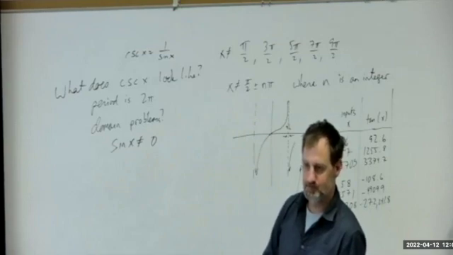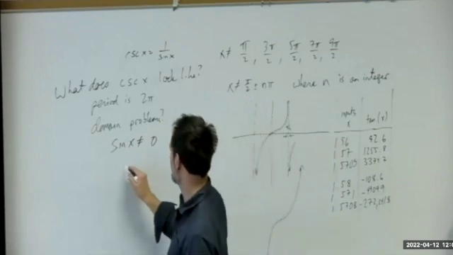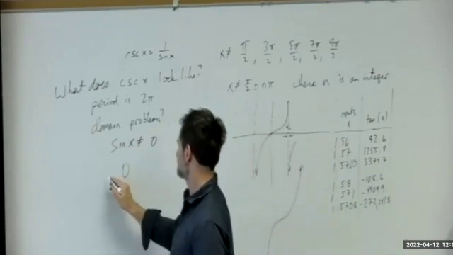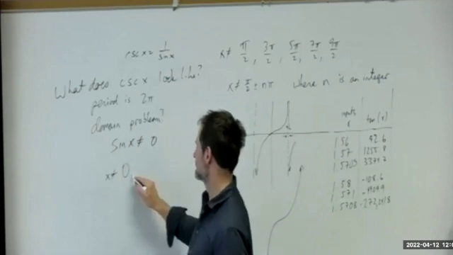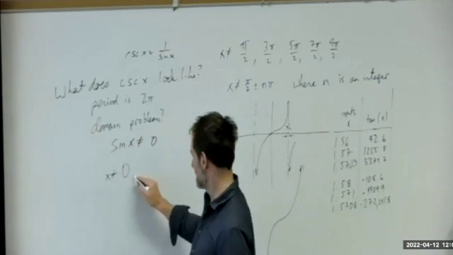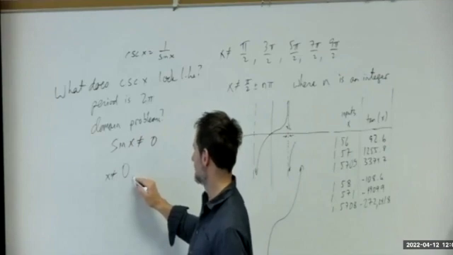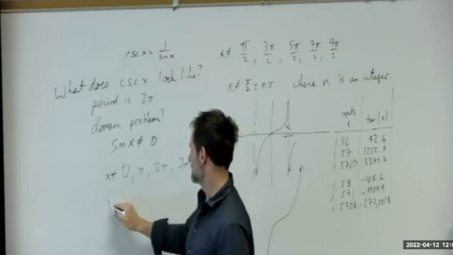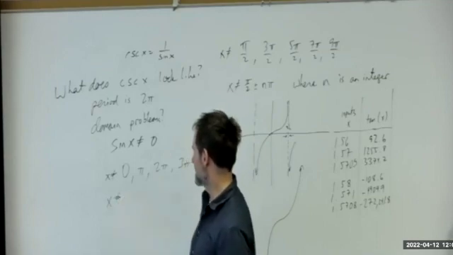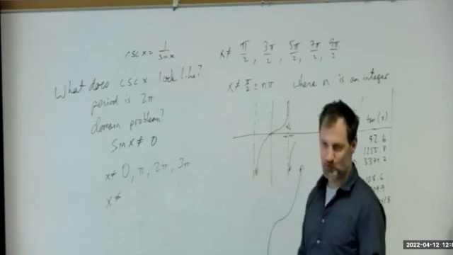You start at 0. X had better not be equal to 0, or 2 pi, but also 2 pi and 3 pi. So, anybody want to try to generalize with n?